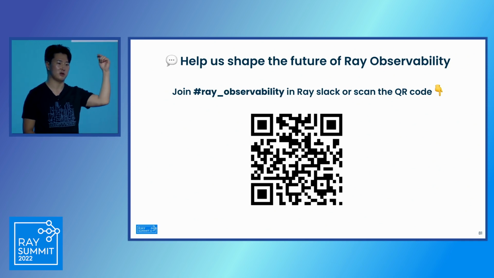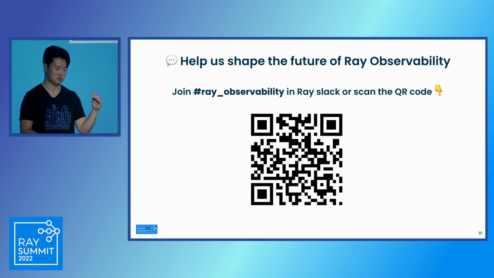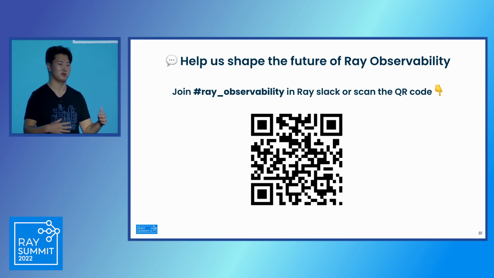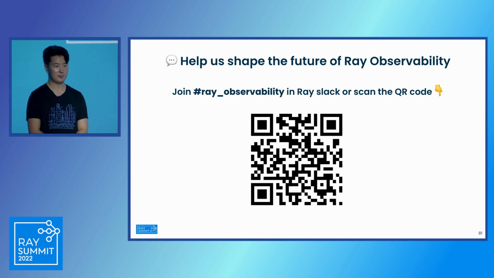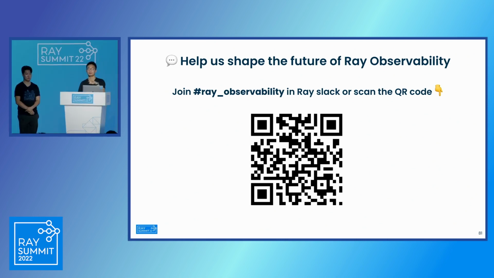If you track each individual task, it might have too high cardinality. But what we are thinking is we want to allow you to do that, but maybe you should be able to turn it on and off depending on your use case. Yeah, I think we should pass the high-level application tag into the lower-level metric exporting, so that the metrics will have those high-level job information. Good idea.